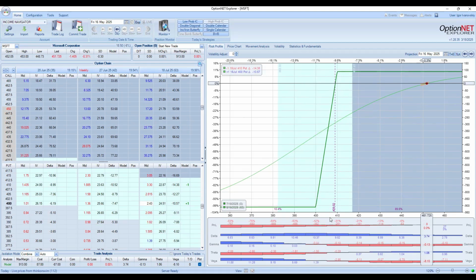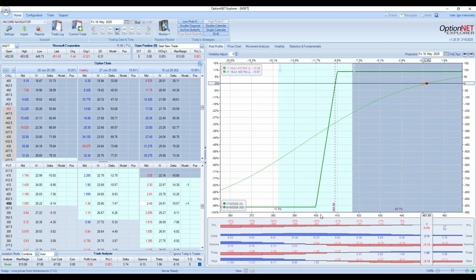What is their value? Well, at 380, the 410 is going to be 30 points in the money. The 400 is going to be 20 points in the money, right? So the difference between 30 and 20 is 10.